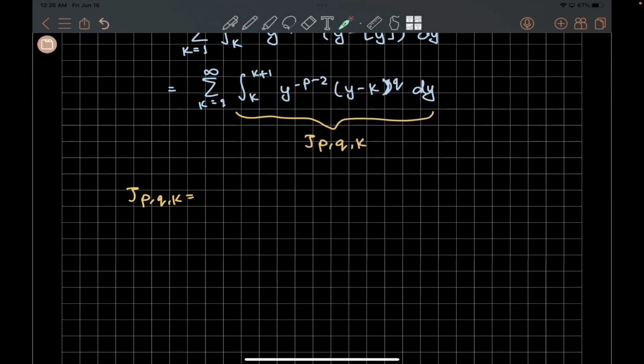Integration by parts: I'm going to integrate the first term because that's the easiest to integrate, and I shall differentiate this term.